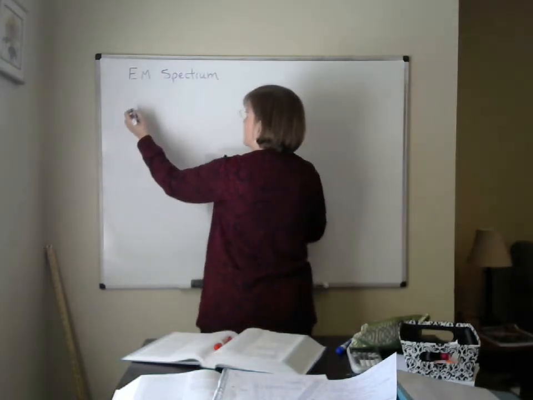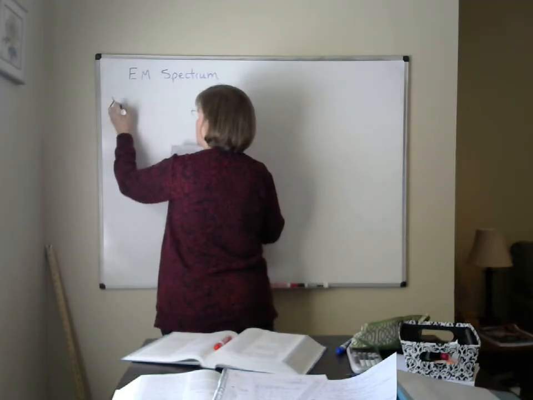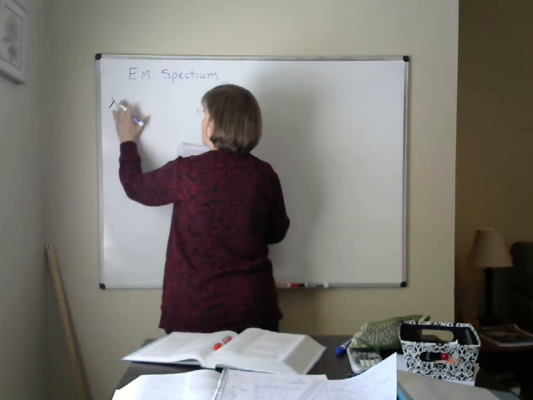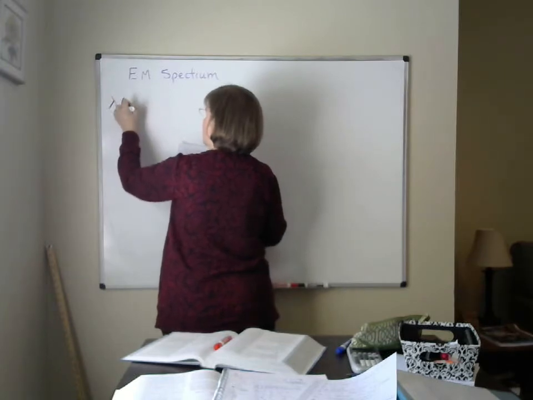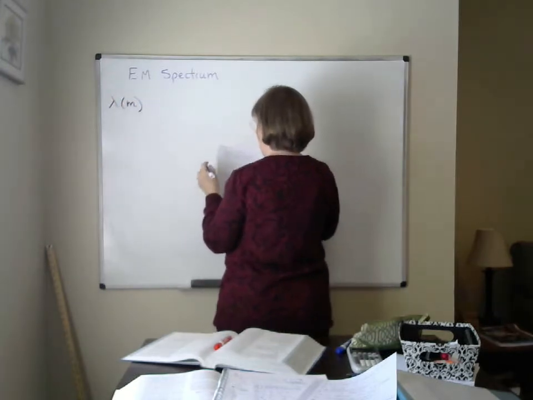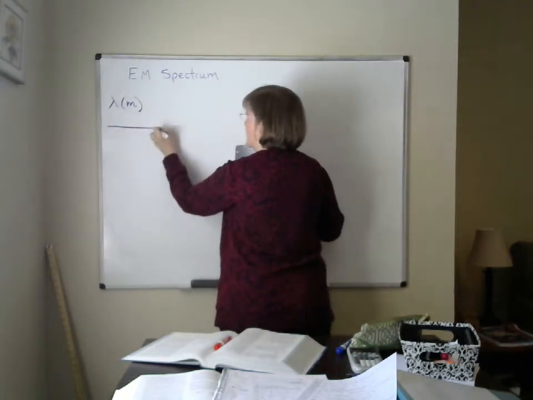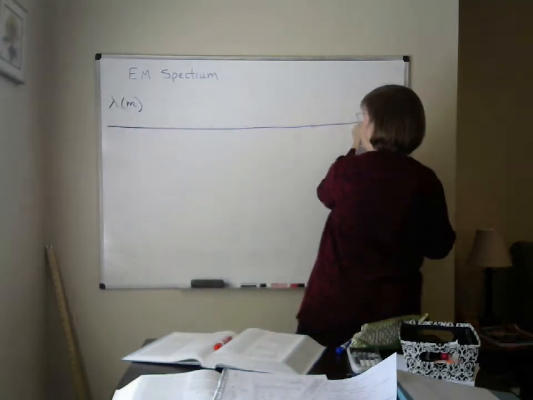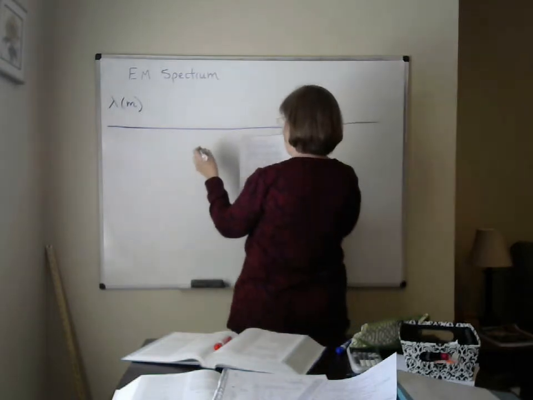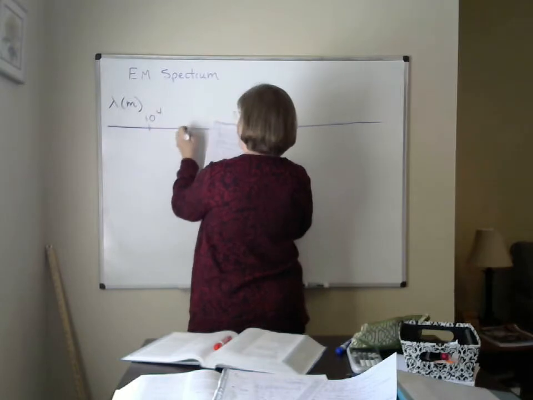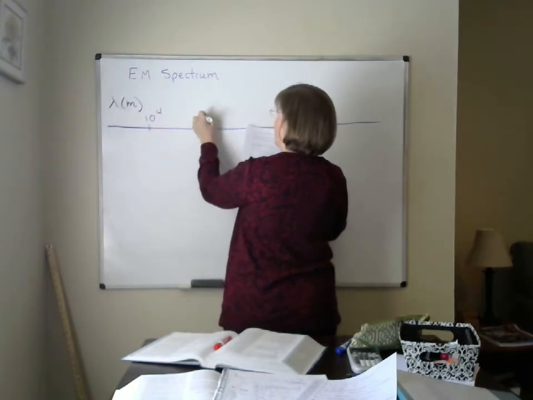If we think in terms of wavelengths, we measure wavelengths generally in meters. Let's start with the longest, and we'll go all the way across. We'll make a graph here. So we're going to look at wavelengths maybe on the order of 10 to the 4th, or even 10 to the 0.